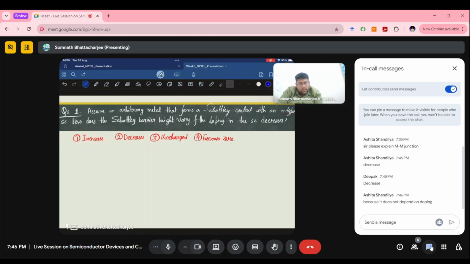It will decrease because it doesn't depend on doping. I'm not sure. Can you write it down, or you can turn on your mic and just say it.